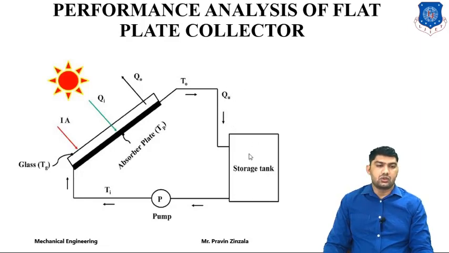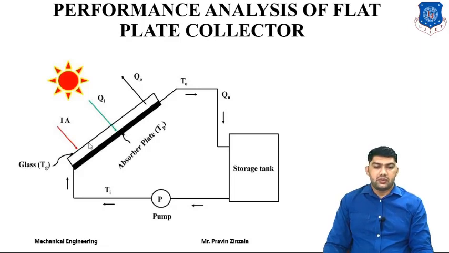And this is our storage tank. This is the example of a solar water heater. This is the solar collector, this is our storage tank, and the pump is used to supply water to our collector. The basic component of the collector is first of all the transparent cover, called the glass. It is generally used to transmit the solar radiation and minimize the losses.